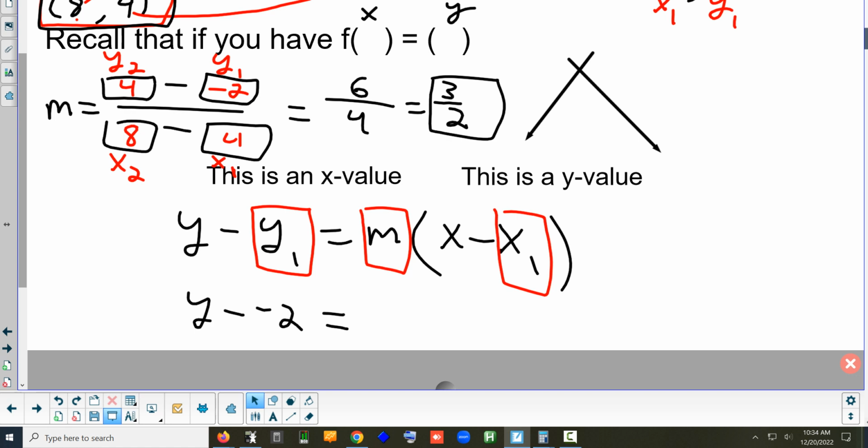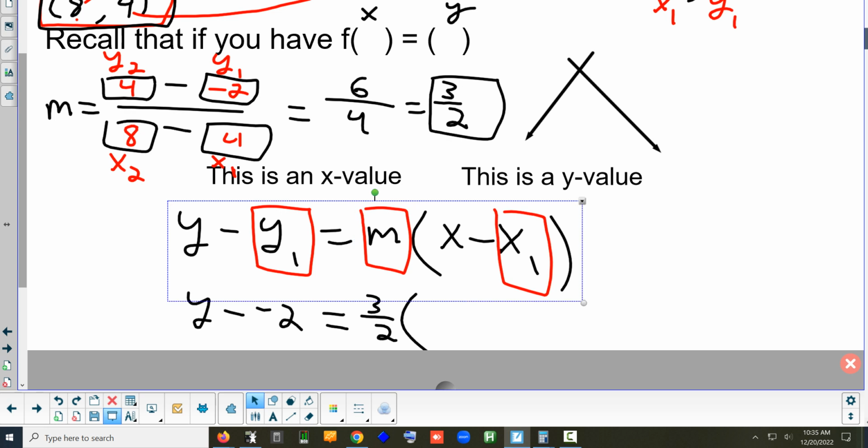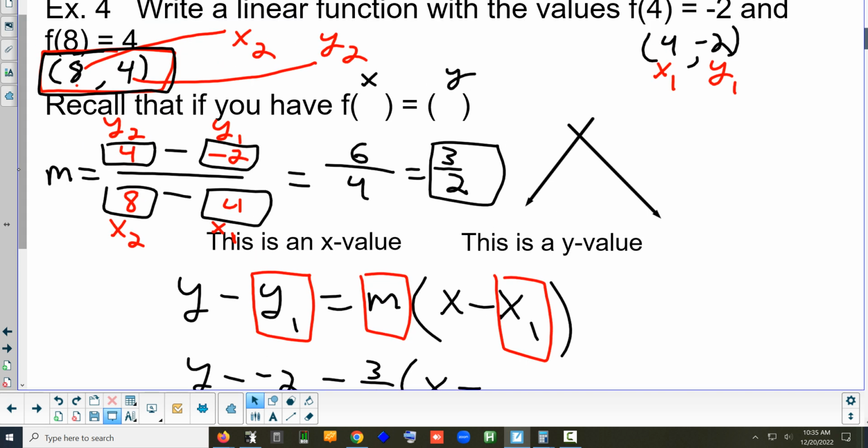equals, what's my m? 3 over 2. We need a parenthesis. How about Annika, what happens to the x? It stays x. And then we need the minus. What does x1 become?